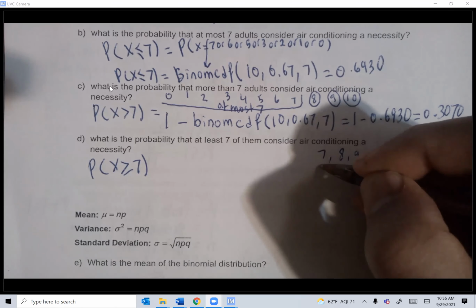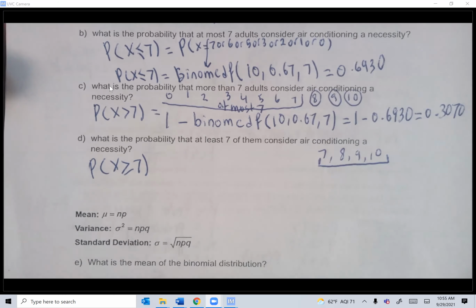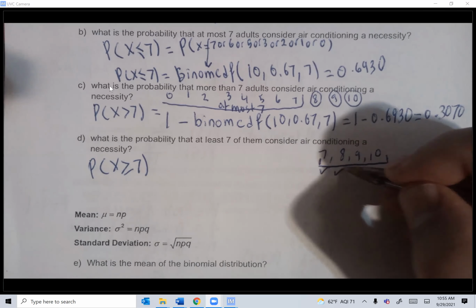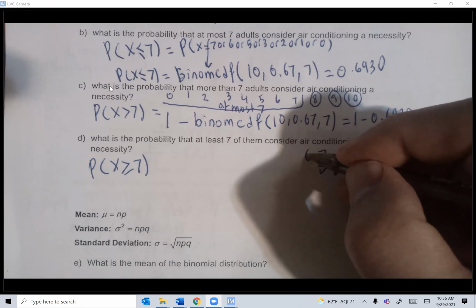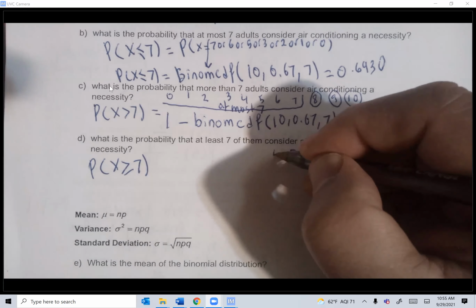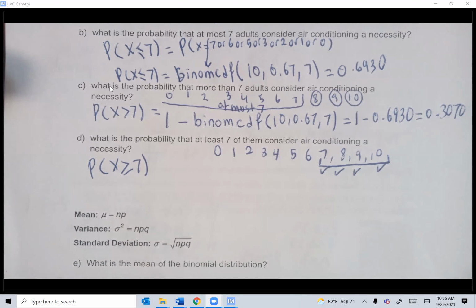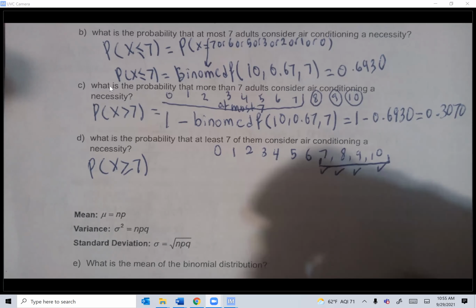That's what we want. The 7, the 8, that's what we're asked to do. And what are the remaining values of the variable? I'm going to list them here. Zero, 1, 2, 3, 4, 5, 6. That's what we don't want.